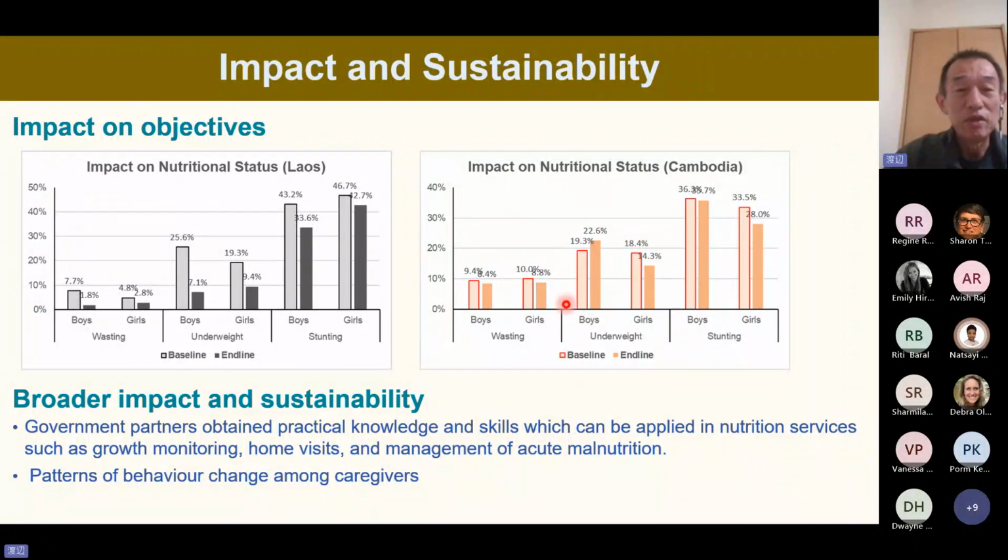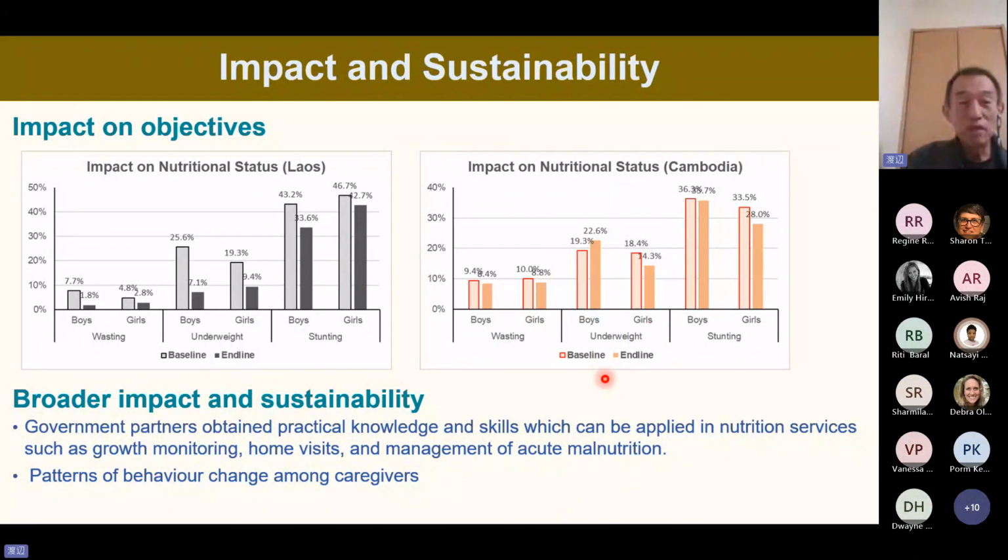I think because of COVID-19, the negative influence was greater in Cambodia, and because of that effect, food security and access to services were quite limited.